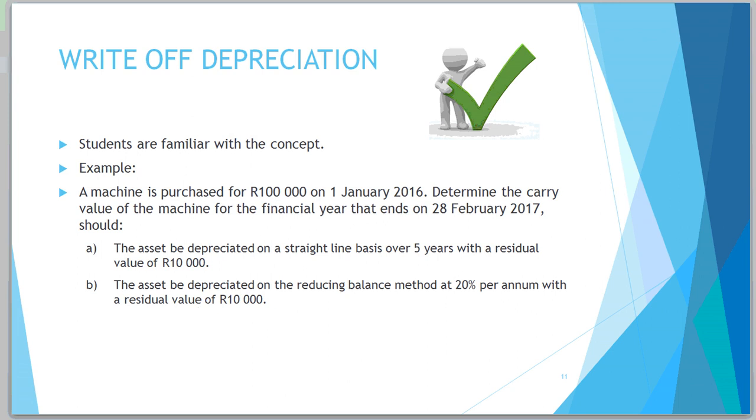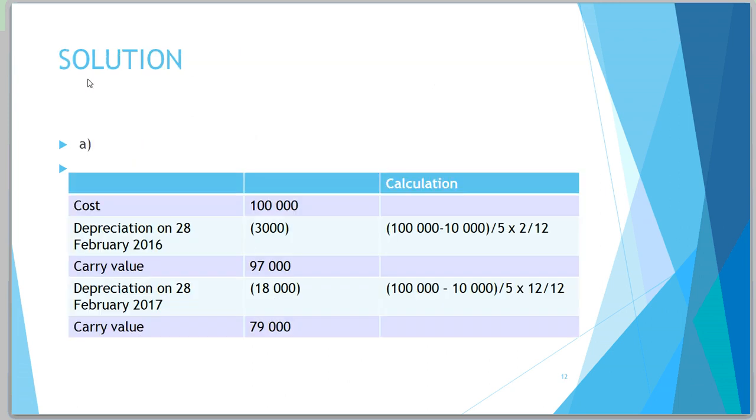So here I will do the calculation for the solution for number A. We will say the cost is 100,000. Then I need to write off depreciation. So I will say 100,000 less my residual value divided by 5 times 2 over 12. Because we are calculating depreciation on 28 February 2016, and this asset was obtained in January.